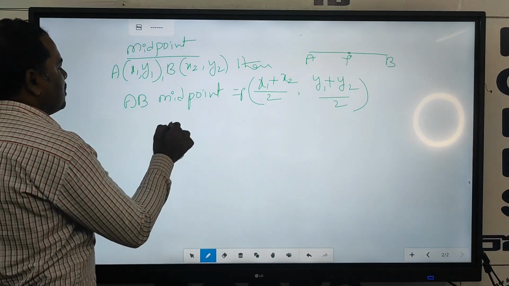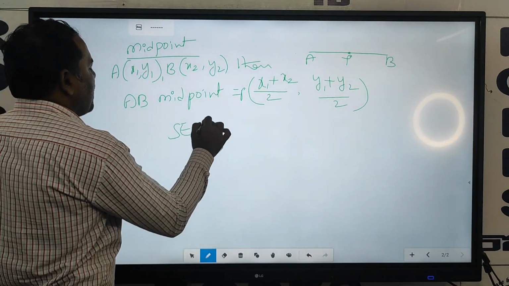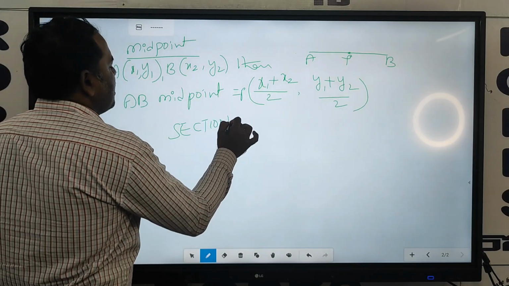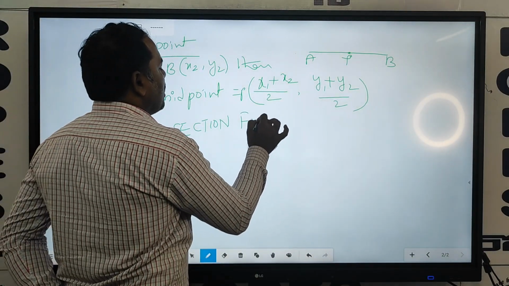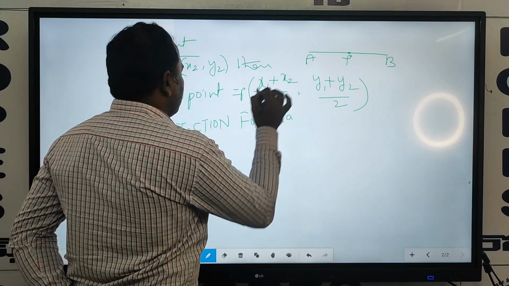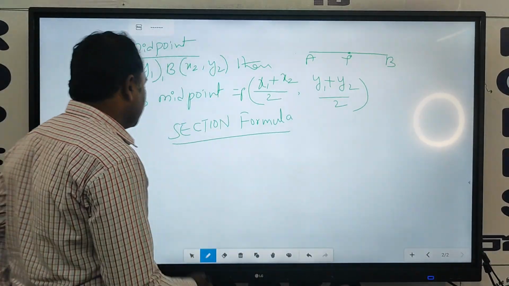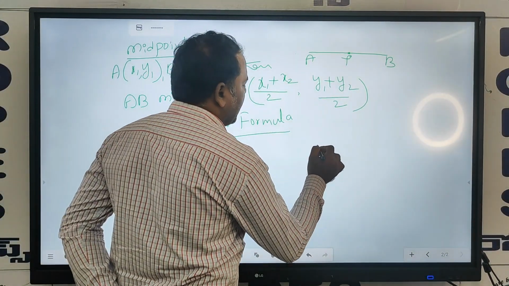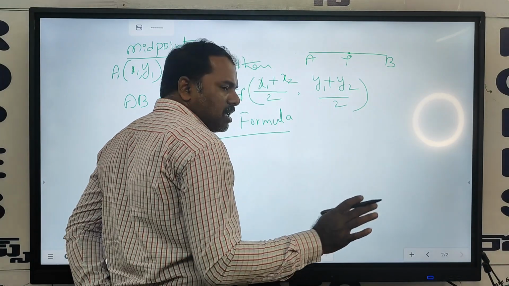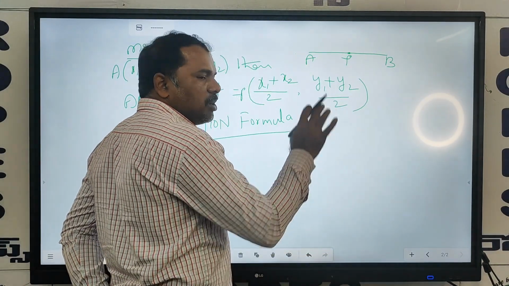Okay, right. Next, the section formula. It is very important. Here I am doing it simply, as per the textbook, which has a big diagram.